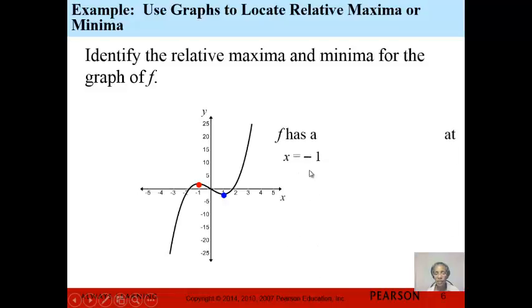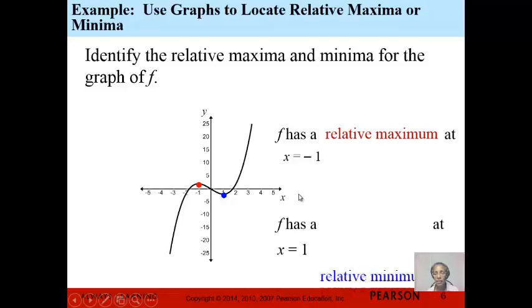So f has at x equal -1 a relative maximum, and notice the actual maximum is the y value of this point, which is something less than 5 but greater than 0, and f has a relative minimum at x equal to 1, and that actual minimum is some value, it looks like between -5 and 0.